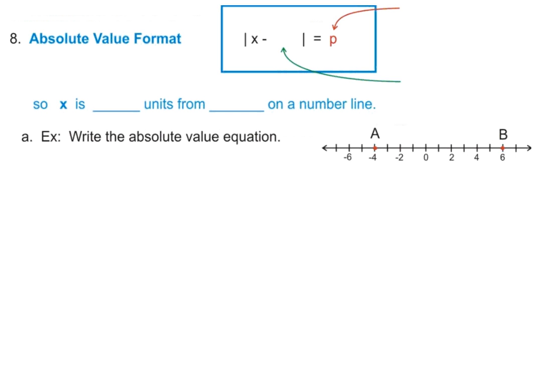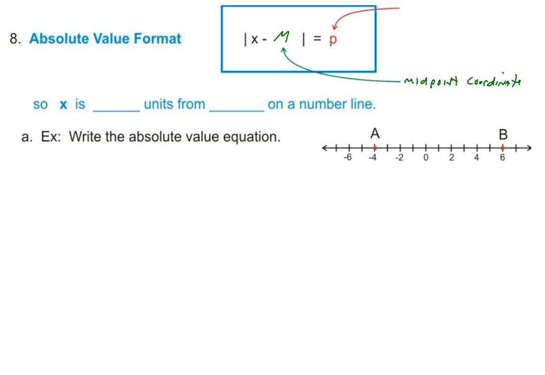Okay. Well, what about absolute value format? All right, so that's the midpoint right there. So I'm going to write midpoint coordinate. And I can slow down a little bit now and try to absorb this last little bit.